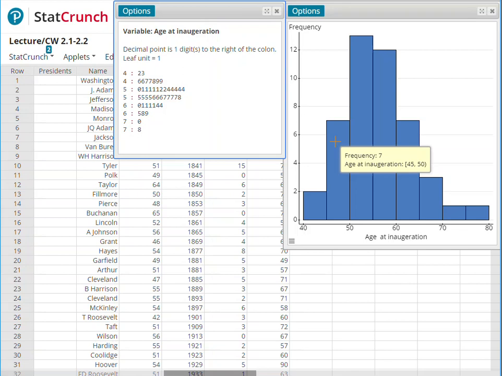So I just know that there were 7 people who fell within that category or class width. I just don't know what their actual ages were. And that's actually one of the benefits of creating a stem and leaf plot.